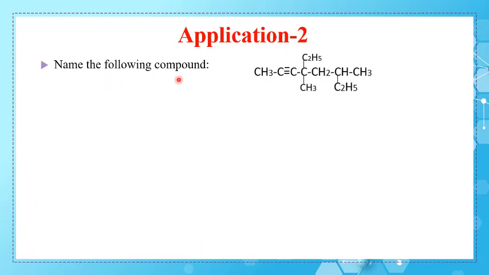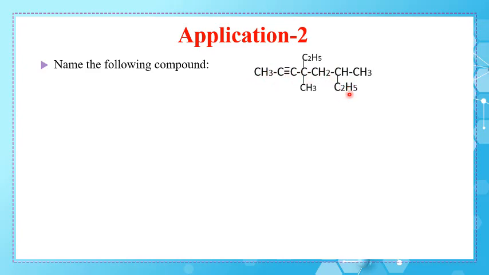Name the following compound. First, we must take the longest carbon chain containing the triple bond, then we must begin numbering nearer to the triple bond. So the longest carbon chain containing the triple bond is 1, 2, 3, 4, 5, 6, 7, or 1, 2, 3, 4, 5, 6, or 1, 2, 3, 4, 5, 6, 7, 8.